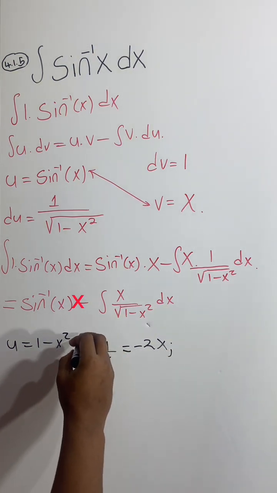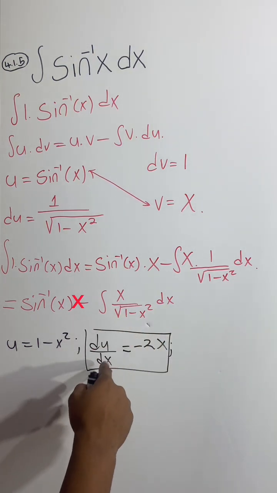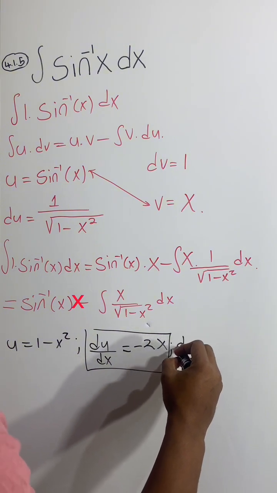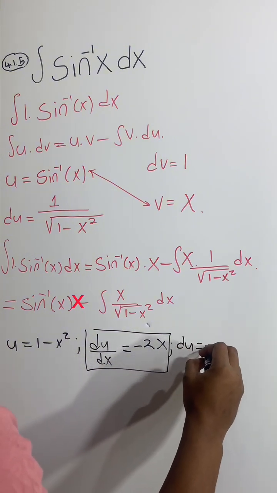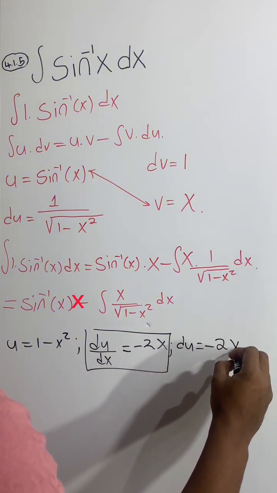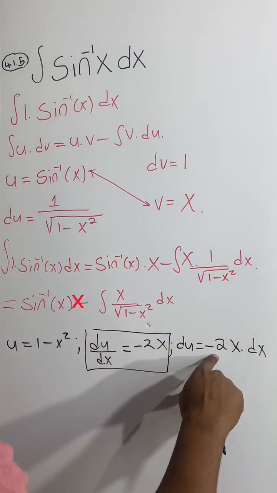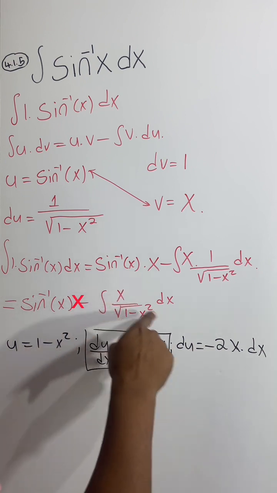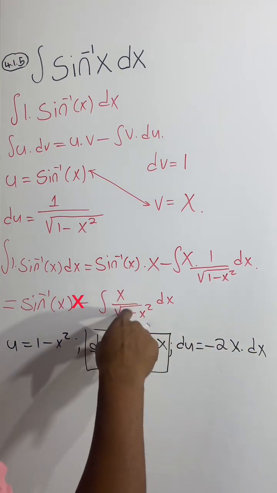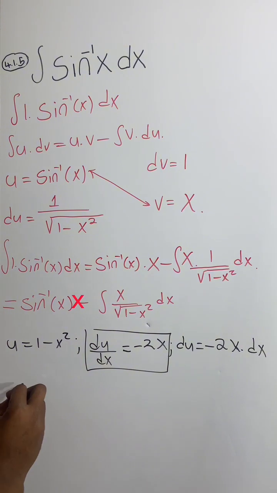We multiply both sides by dx, and du will be equal to negative 2x dx. We have x dx without this negative 2, so let's try to mirror what we have here based on that.